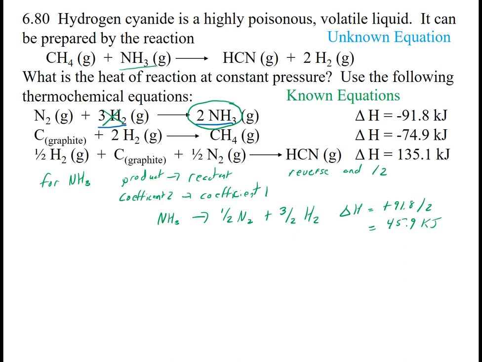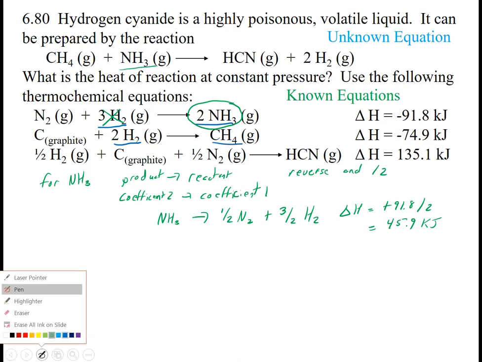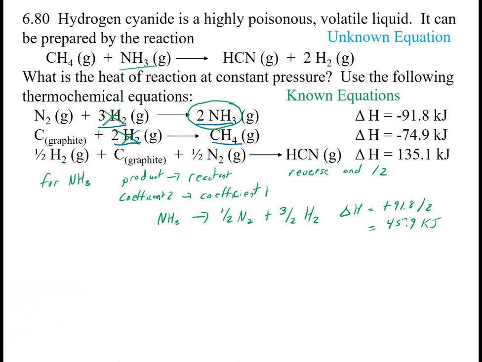Now I'm going to go to equation number 2. I'll go back to blue. Carbon does not exist up here, so I don't need to worry about carbon. Hydrogen does, and methane does. Now, I can cheat. We've already eliminated hydrogen because it was in other equations.